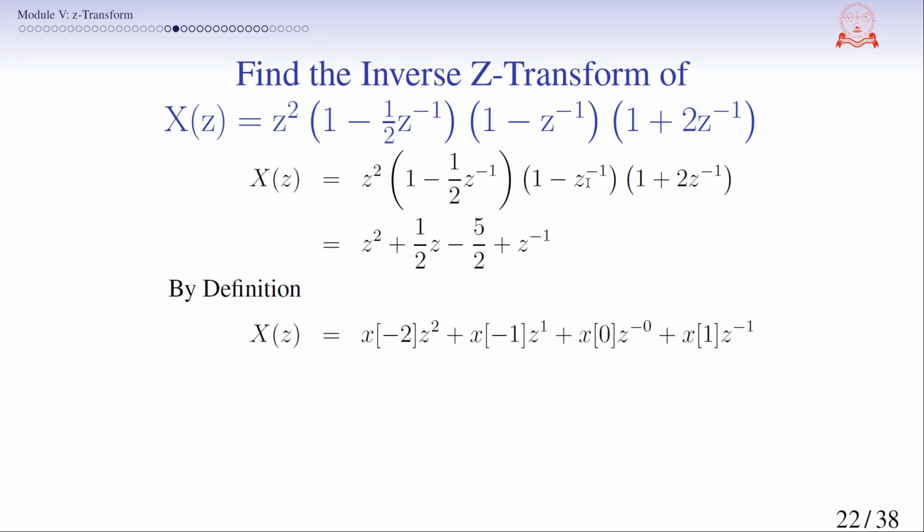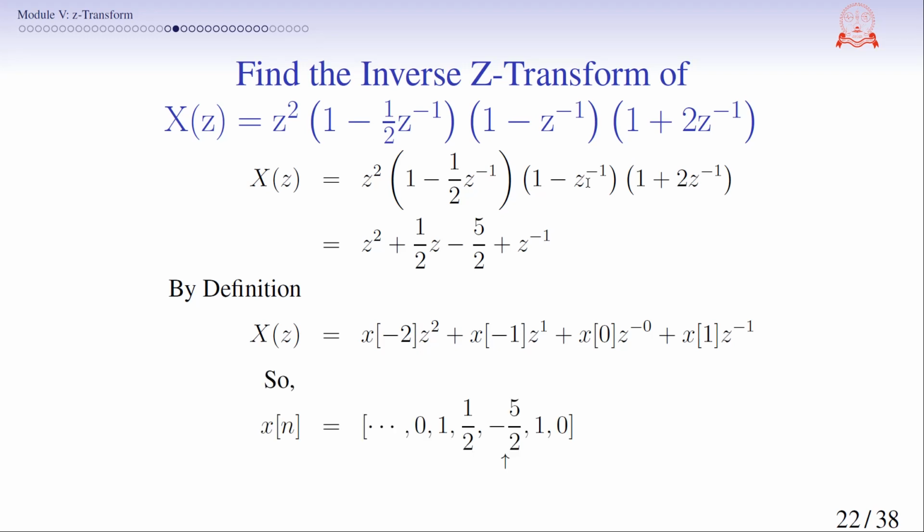Comparing with the general equation of z transform, that is x of z equal to summation n is equal to minus infinity to plus infinity x of n z raised to minus n, and expanding here we have only z square to z raised to minus 1. So x of z equal to x of minus 2 z raised to 2 plus x of minus 1 z raised to 1 plus x of 0 z raised to 0 plus x of 1 z raised to minus 1.